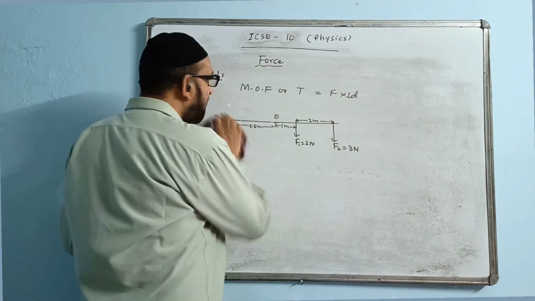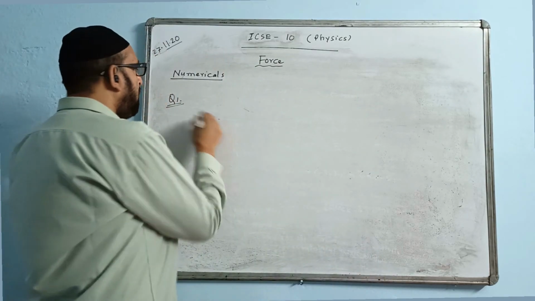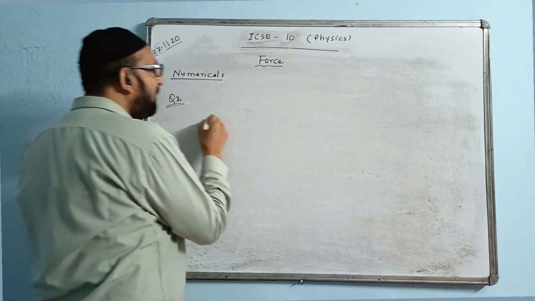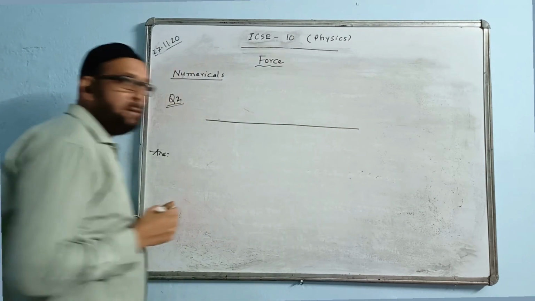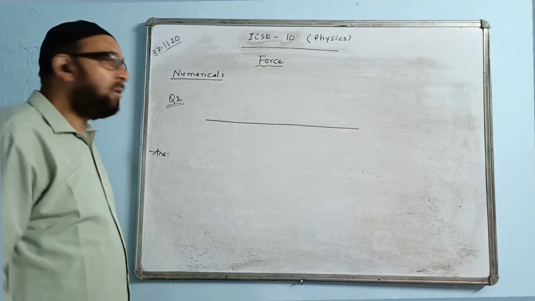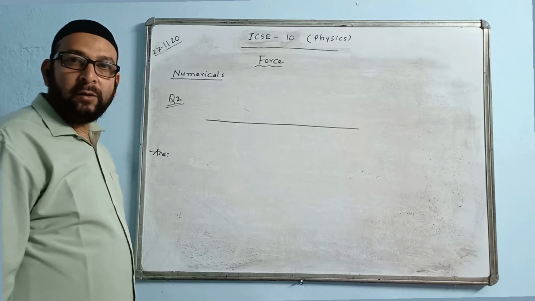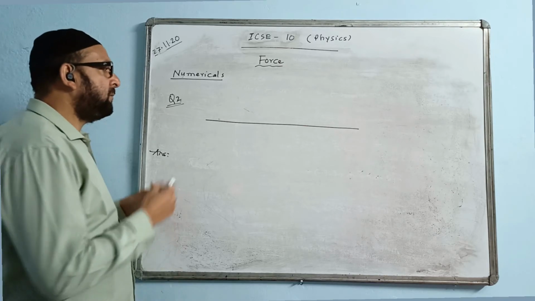Now let's see another one. Question number 2 says, find the resultant moment of forces about the point O, as shown in the figure.